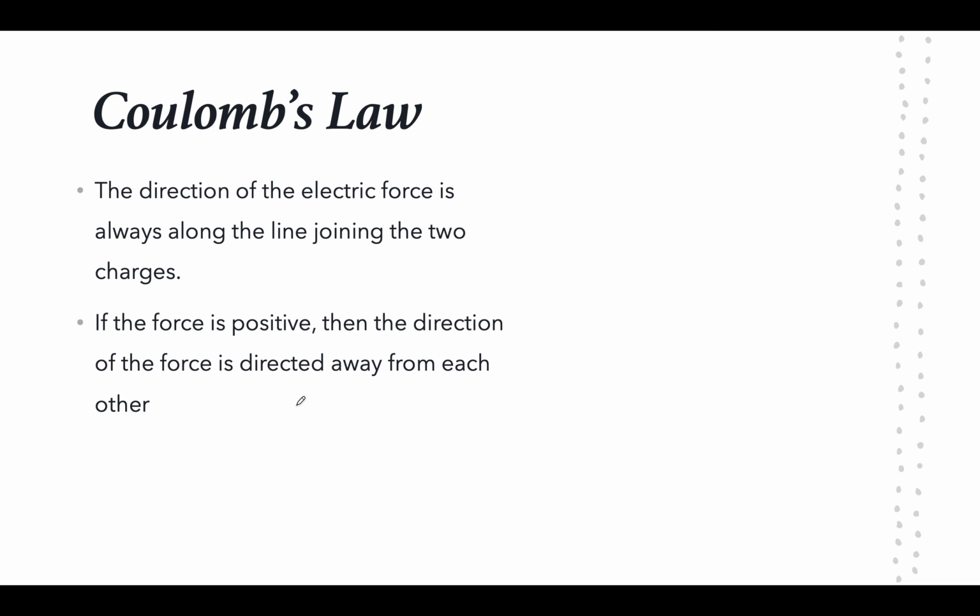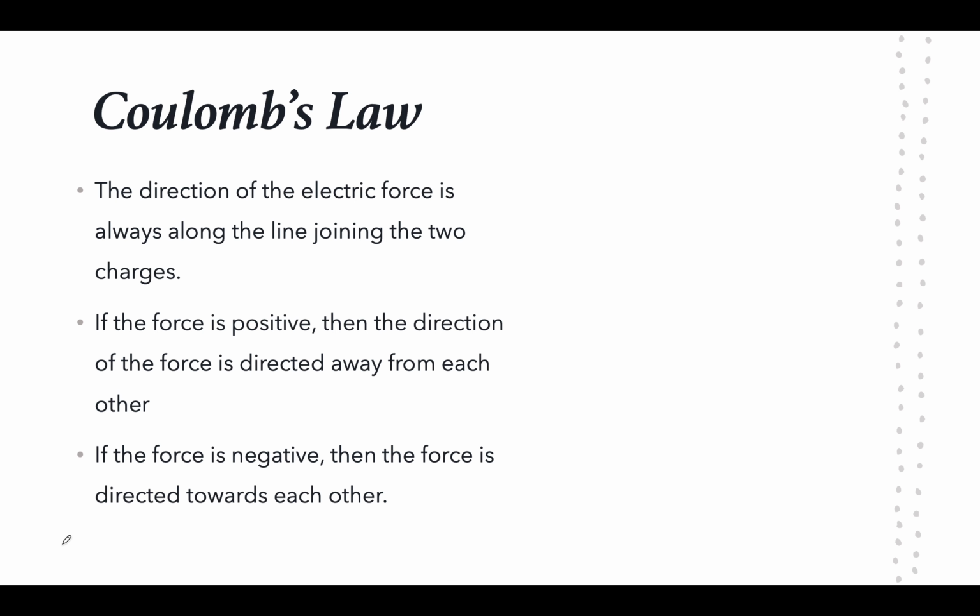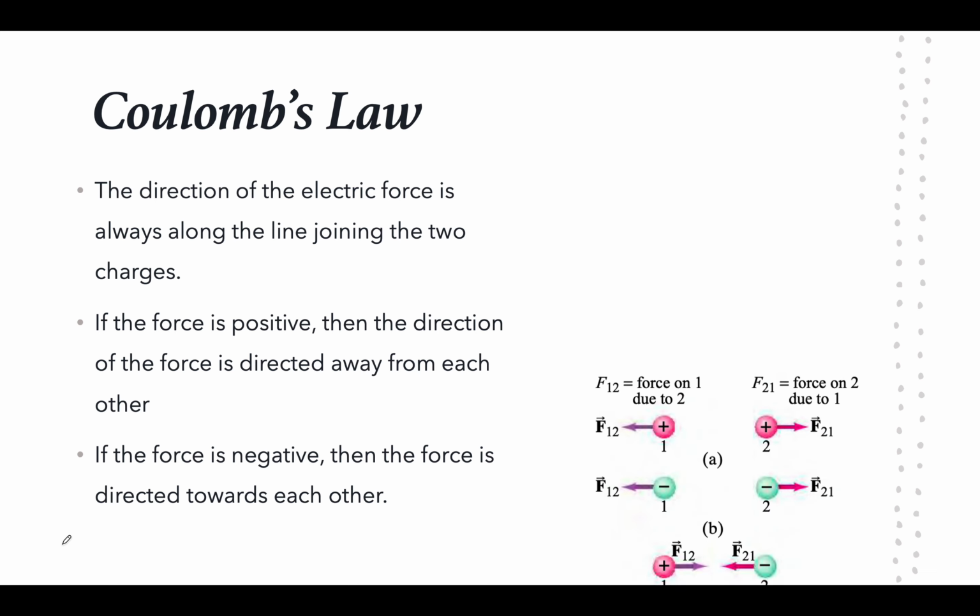If the force is positive, then the direction of the force is directed away from each other, because if the force is positive, then both charges have the same sign, which means it's going to be a repulsion force. But if the force is negative, then the force is directed towards each other because the charges have opposite signs and opposite charges attract.